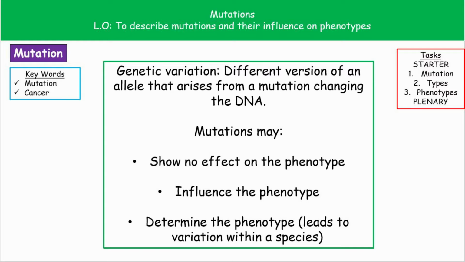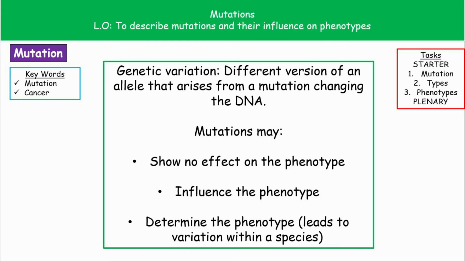But not all mutations will show the same effects. When we get a mutation, some of them will show absolutely no effect on the phenotype at all. So even if you have a mutation, it won't always present as a change in the phenotype, the characteristic we can see.